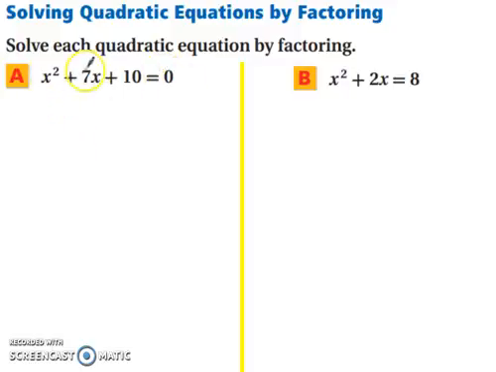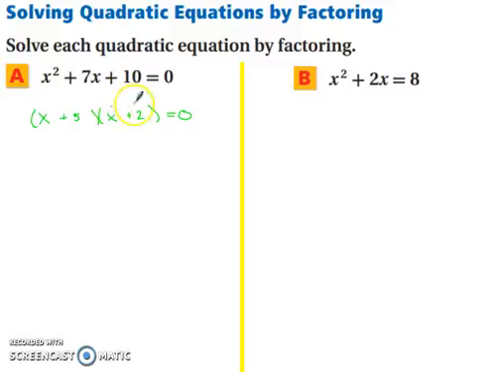So let's factor. We want two numbers that are going to multiply to give us 10, but when we add them together, they are going to give us a positive 7. Well, our two numbers, if we multiply 5 and 2 together, we get 10, and if we add them, we get 7. So we have 5 and 2.